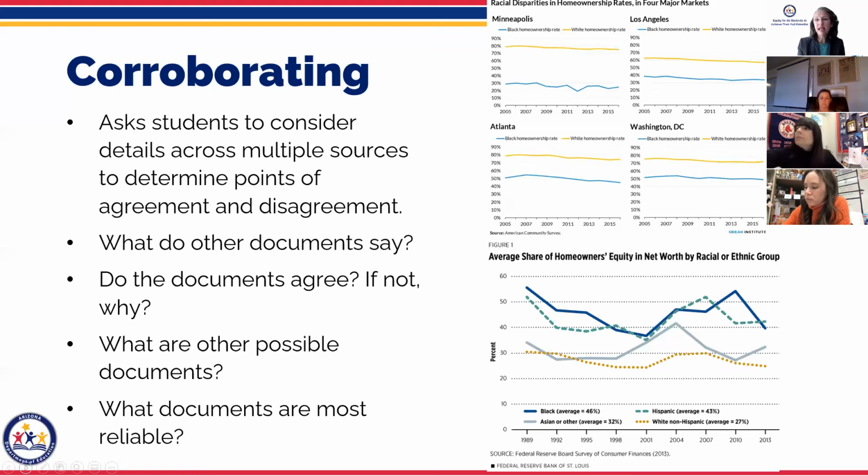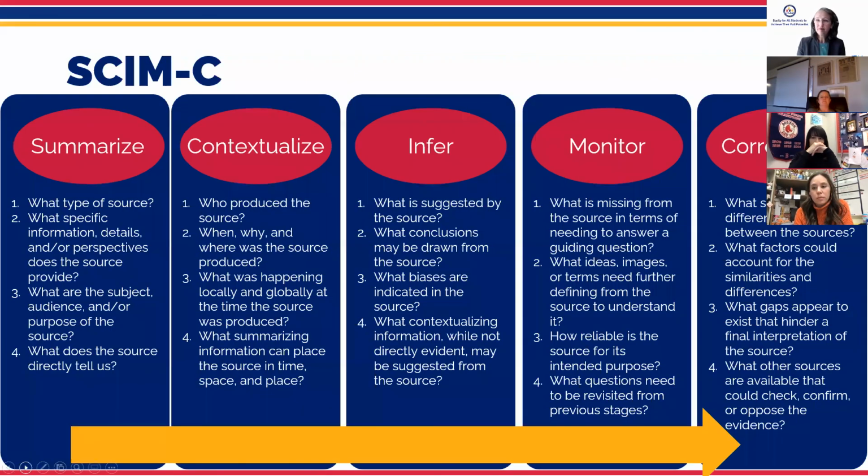Because has it really made that intended difference of improving minority home ownership? So great activity, again, using graphs and charts as texts is perfect to help understand documents and reading, maybe kids who are more visual can see things in a graph better than they could in a document.